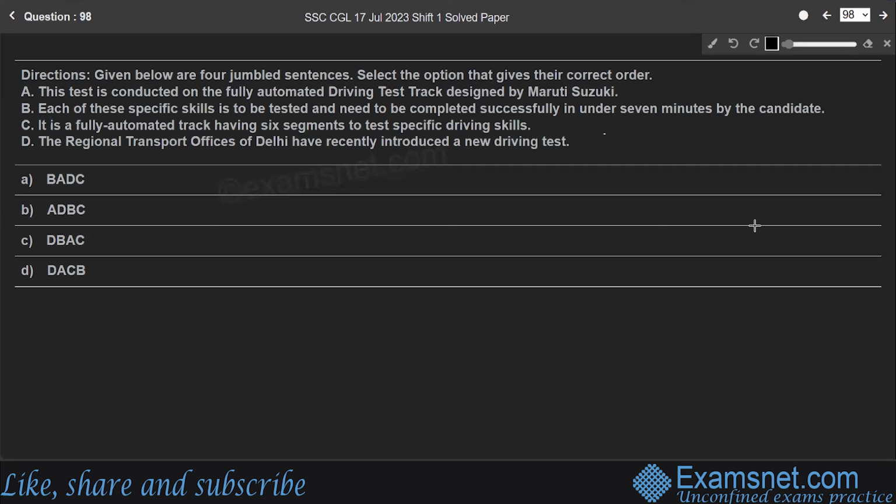Question 98. Given below are four jumbled sentences. Select the option that gives their correct order.